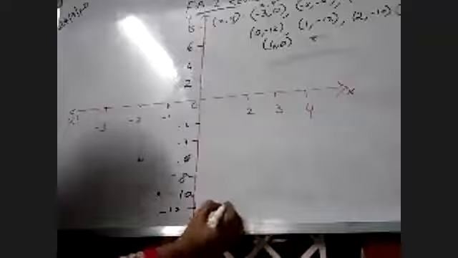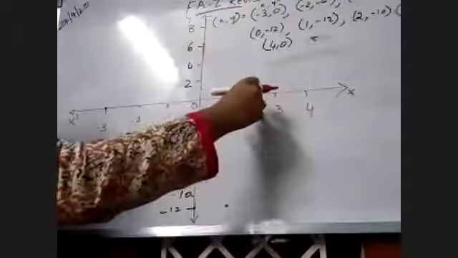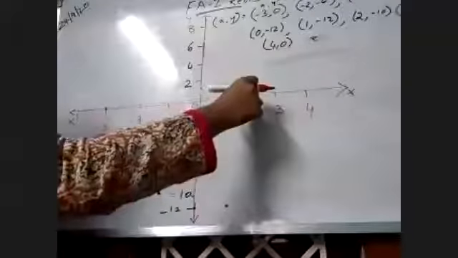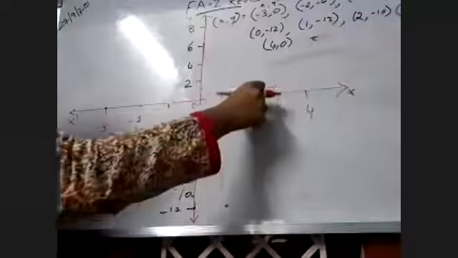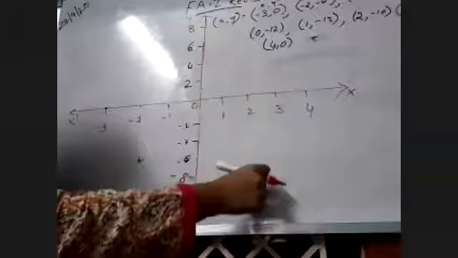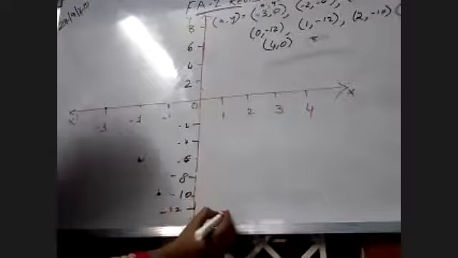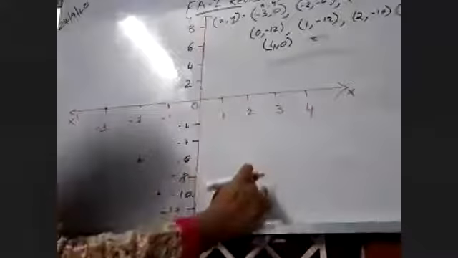So 1, comma, -12. Next 2, comma, -10. Here 2 is there. Again -10 means here will come. Again 3, comma, -6 means here will come.